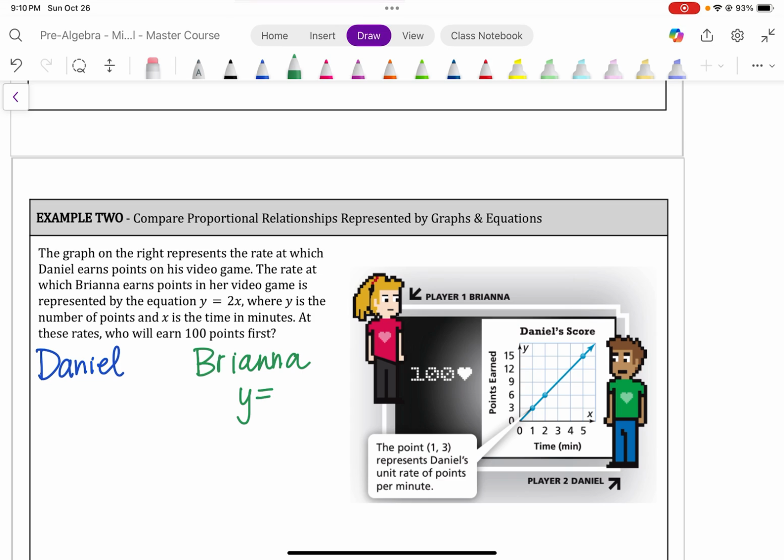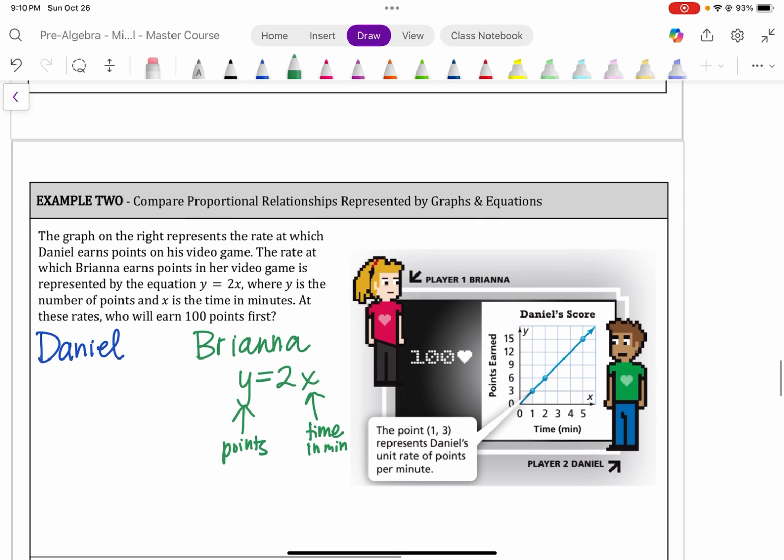So y equals 2x. And this says where y is the number of points and x is the time in minutes. So every 1 minute, she's going to earn 2 points.